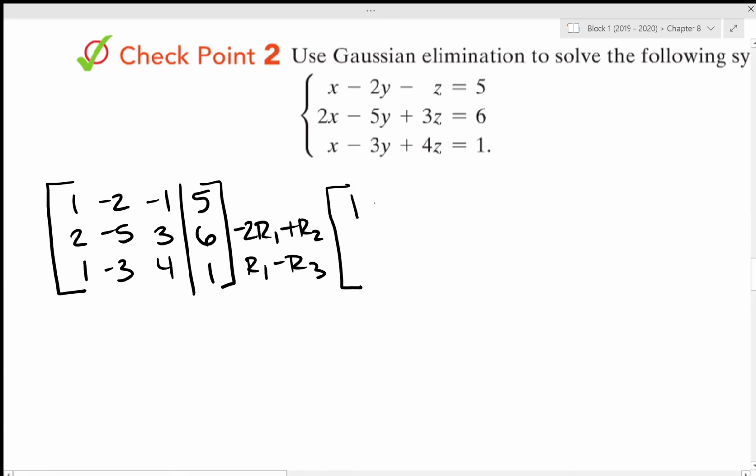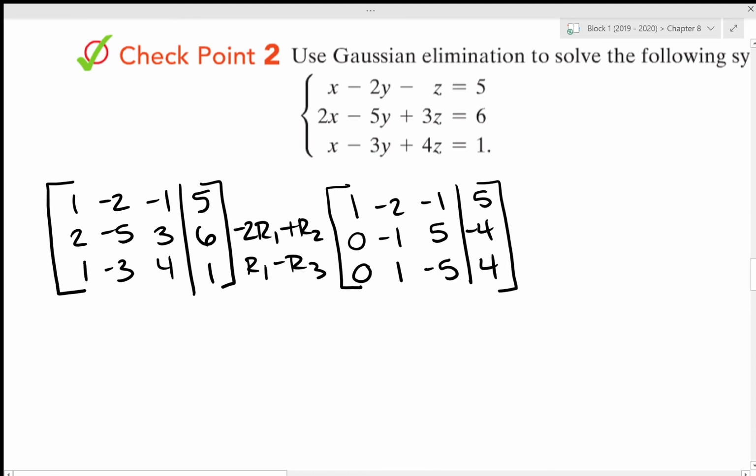So I'm going to get 1, negative 2, negative 1, line 5. For my row 2, I'm now going to have 0, negative 1, 5, negative 4. And then for row 3, I'm going to have 0, 1, negative 5, 4. Okay, so you have a few options here.